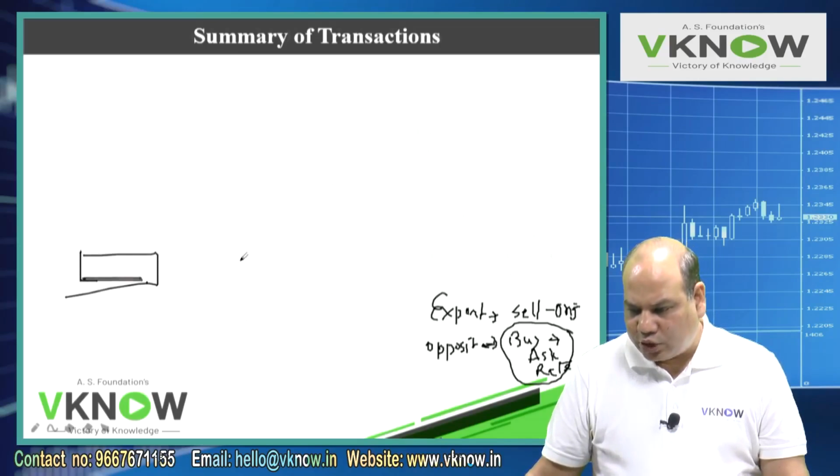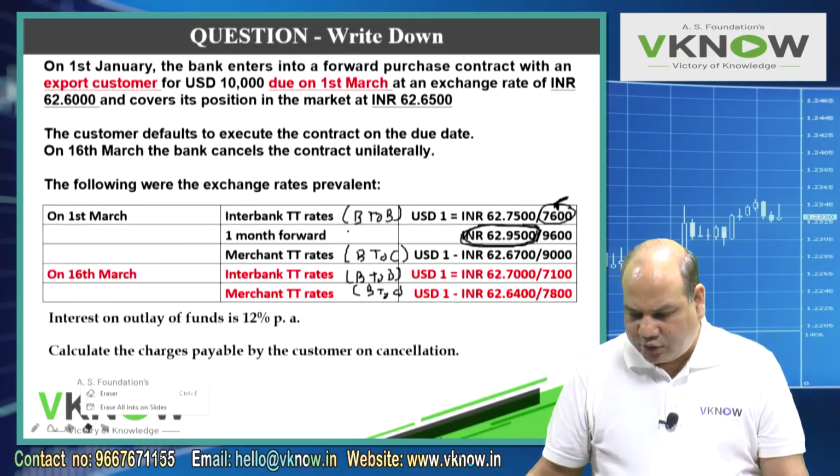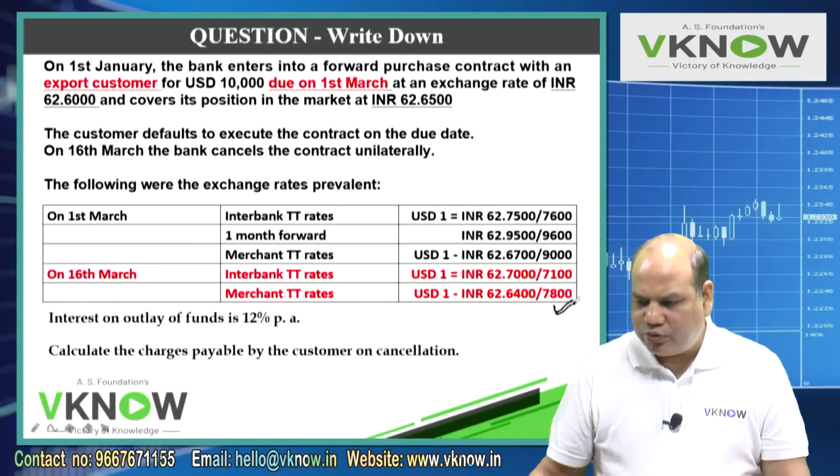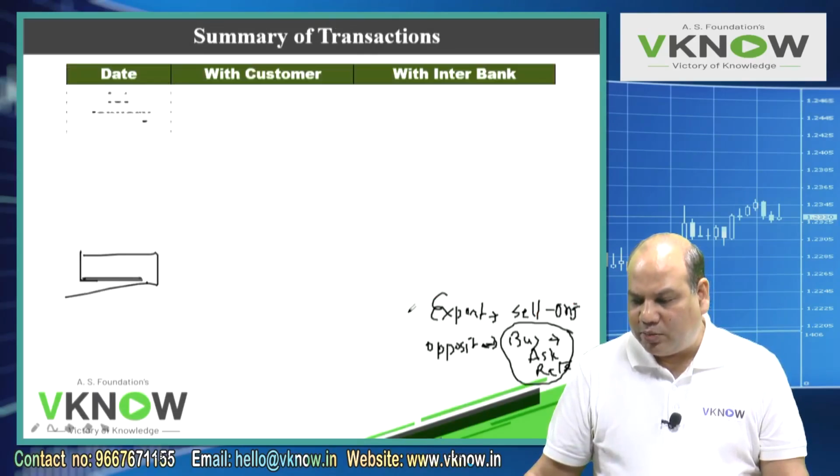So I'll just go to the question and check for the spot ask rate. We have two rates, interbank rate and merchant rate. So which rate will I apply? With the customer, the merchant rate will be applied.